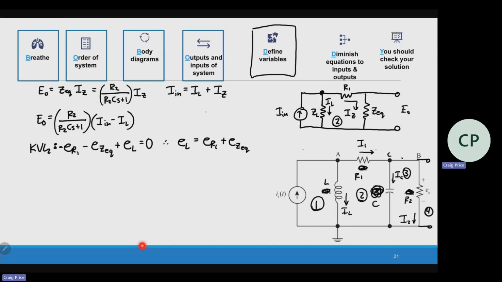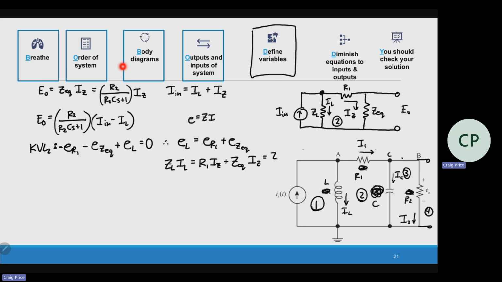We know that voltage E is equal to Z times current. That's just like Ohm's law. So I can say this is the impedance of the inductor multiplied by the current going through the inductor. This is equal to R1 times that current IZ plus Z equivalent times the current IZ.